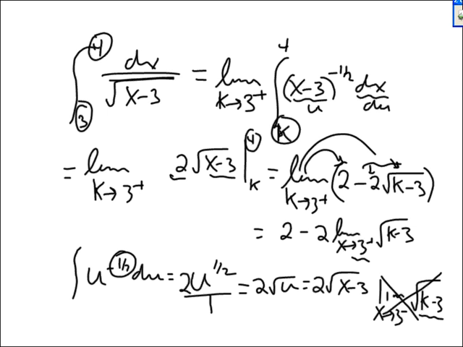But if you're a little bit more than 3 and you get closer and closer to 3, this gets closer and closer to 0, but positive values. 0.0001, etc. So the square root of 0 is 0. 2 times 0 is 0. This is 2 minus 2 times 0, which is 2. The answer to that integral is 2.